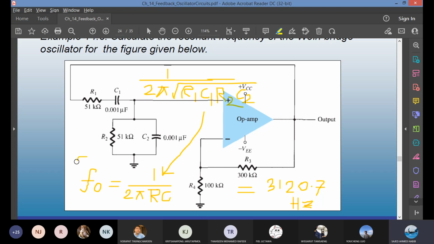Maybe you set here at 5K. Just pick any value of R, set so that R1 and R2 are the same, so you don't have to deal with the square root term. You can pick any arbitrary value of R. Maybe you want to take 25K or 50K or 100K ohm. It's up to you. And then from that, you can find the capacitor value C.